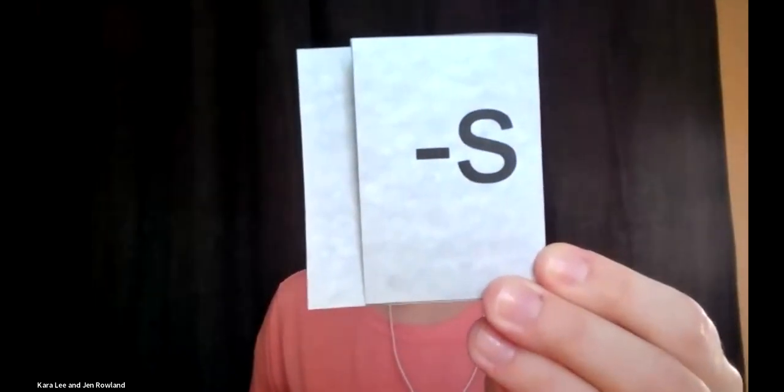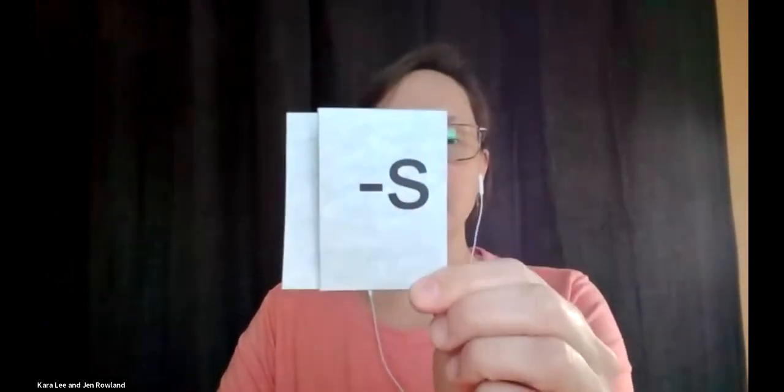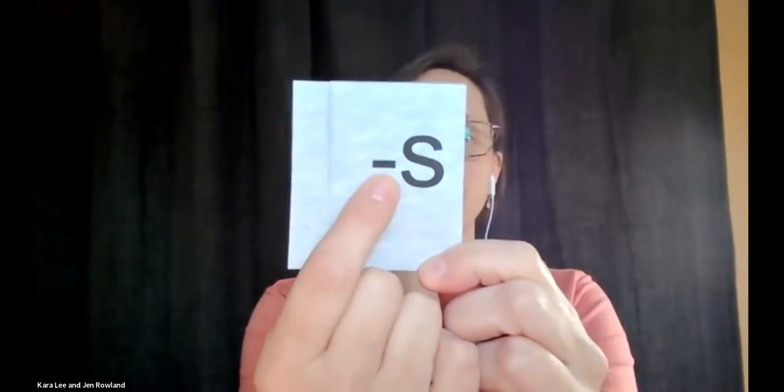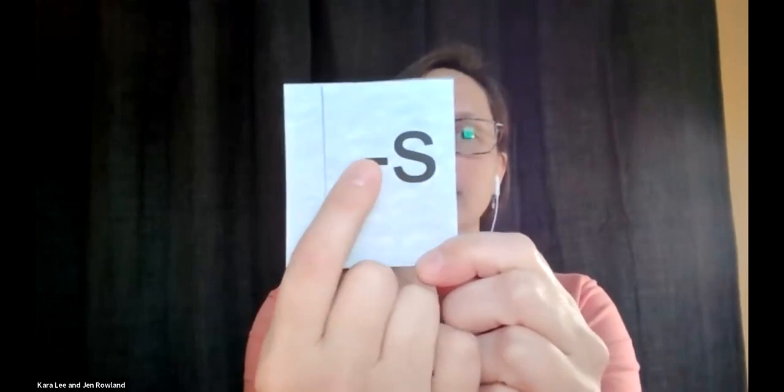Given that you are just talking about suffix S right now, what you could do is fold that card so you can see that there's ES also on there. If that's confusing for your student, then you can just fold it and show them that this is a suffix S. That is what that line is indicating here, that it comes after a base, right?